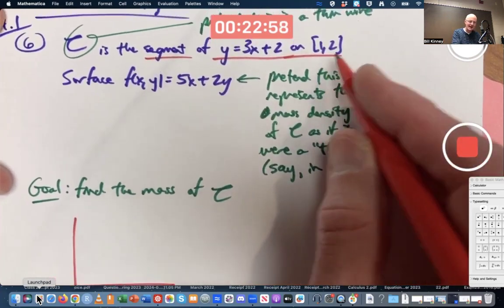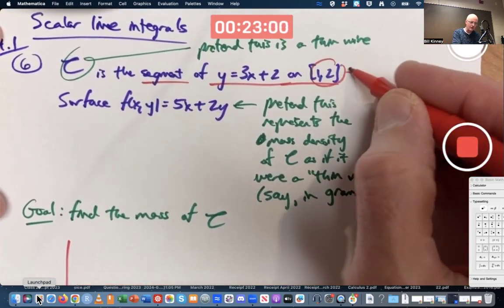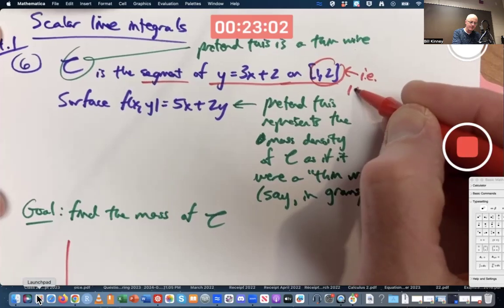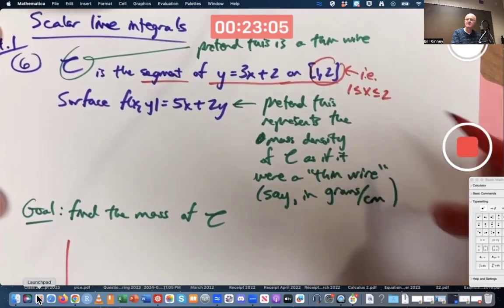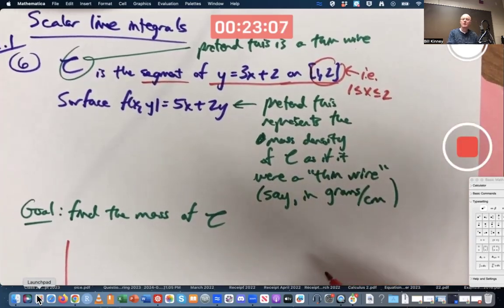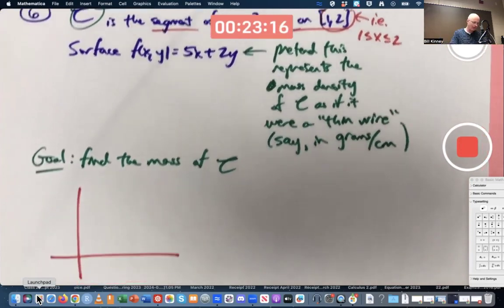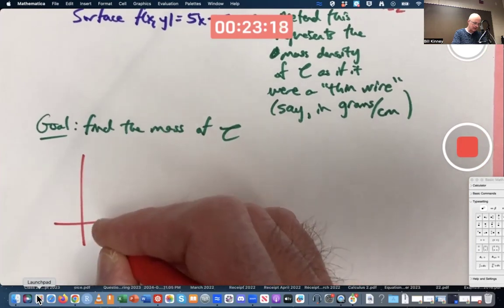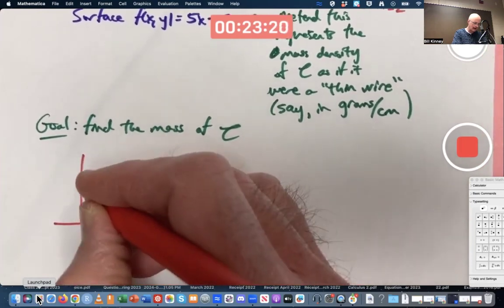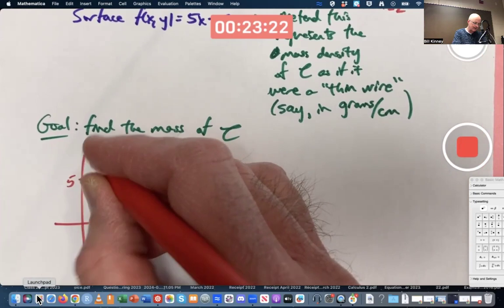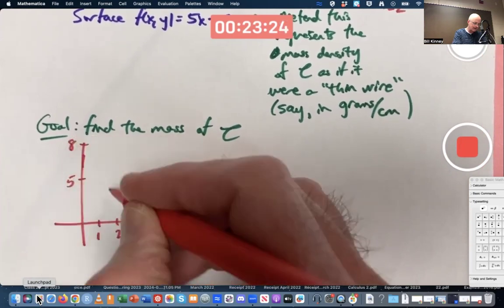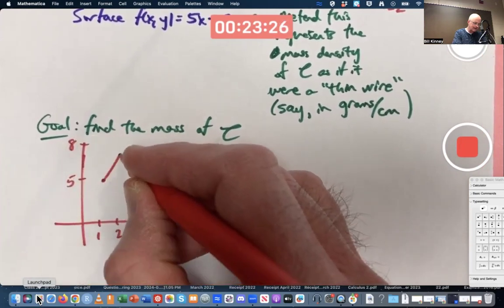On [1, 2] means x is between 1 and 2, which means y goes between 5 and 8. x goes from 1 to 2. y goes from 5 to 8. The line segment C is this one here.